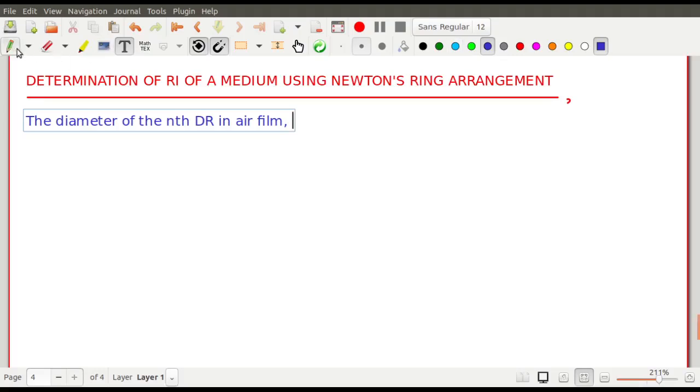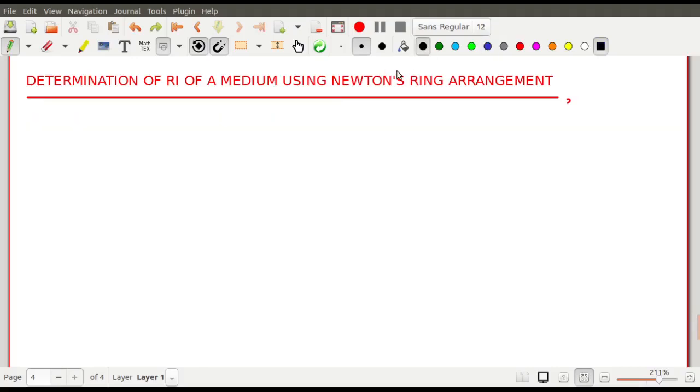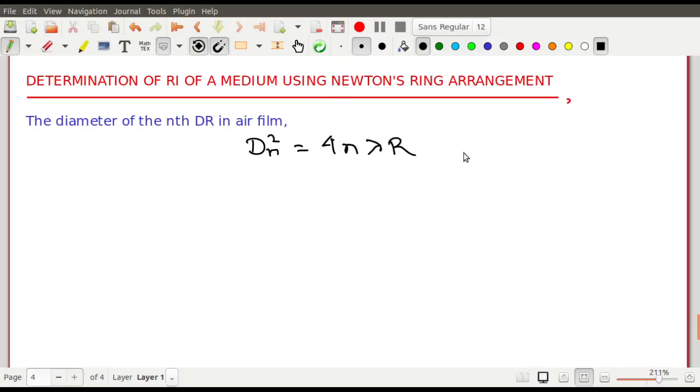That is what we have already studied. We have done this, what is the value? That value comes out to be dn square is equal to 4n lambda r. Symbols having usual meaning.